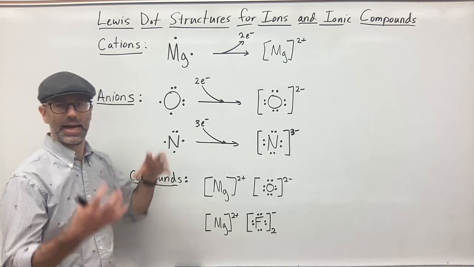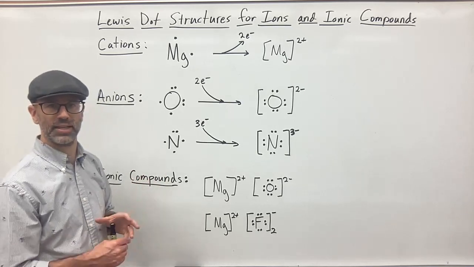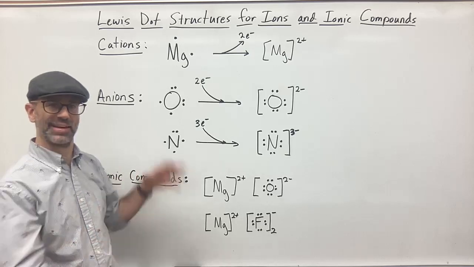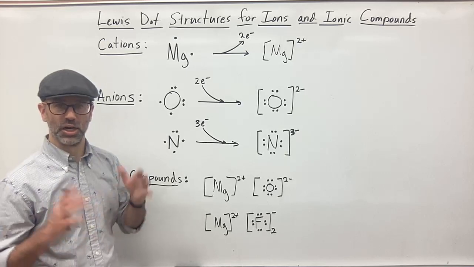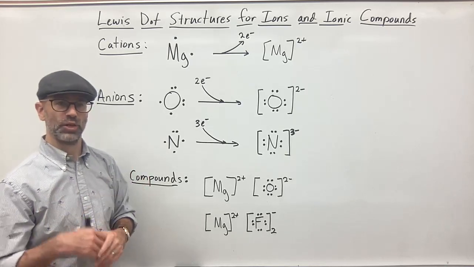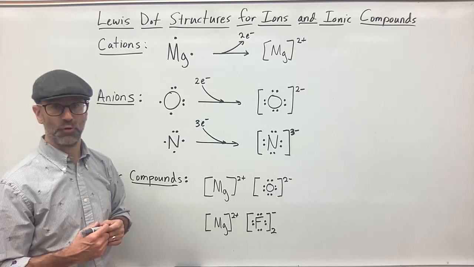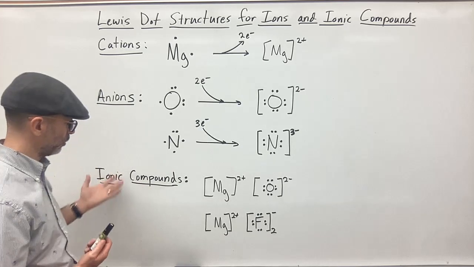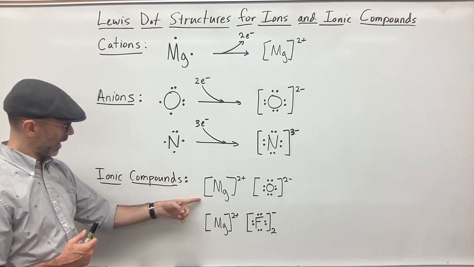What about an ionic compound? Well, that's pretty easy because all you do is take the Lewis symbols for the ions and stick them together. Make sure you balance the charge of the compound. If you need more than one ion, you can write that as a subscript for that ion. Here's a couple of examples. I have one ionic compound.